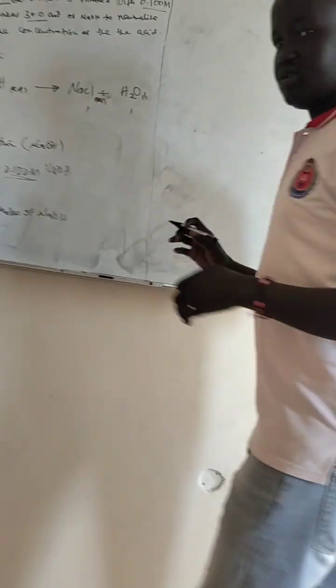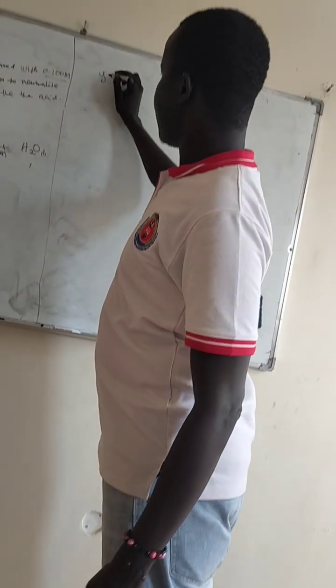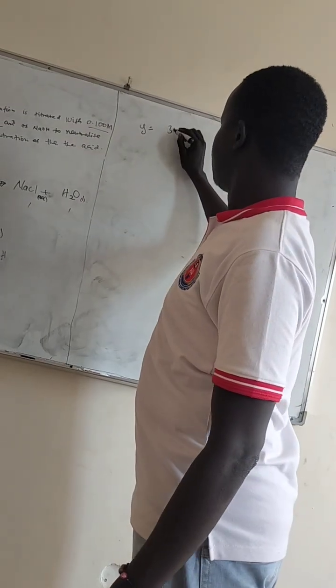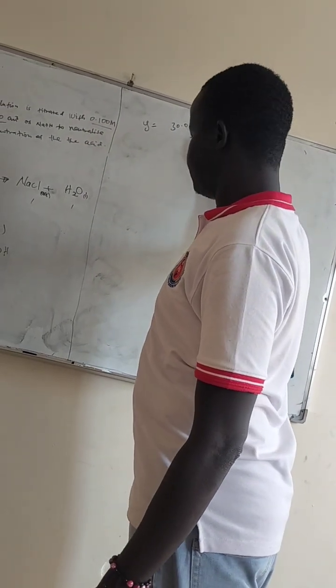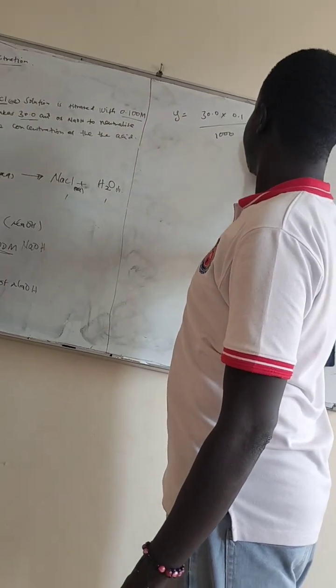Now, our y will be equivalent to what? We cross multiply. This will be 30.0 times 0.1 all over 1,000. What do we get?